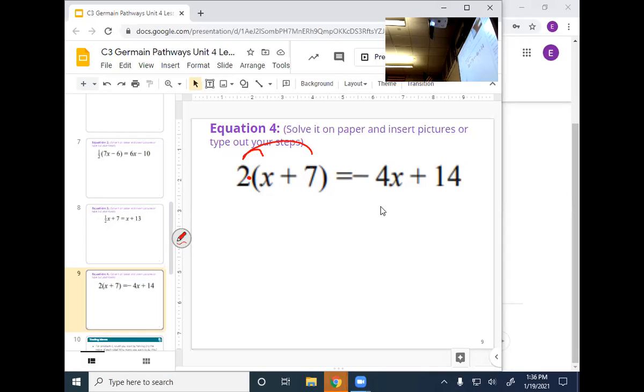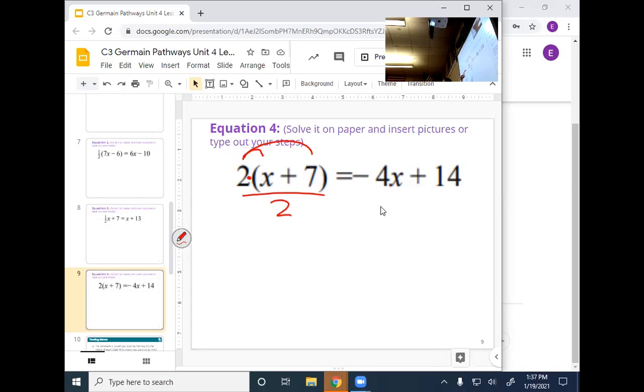We can distribute, or we can undo that multiplication by dividing. If you do either option, it's still going to get you the same answer. But I'm going to show you a different thing that we can do here. I can divide by 2.